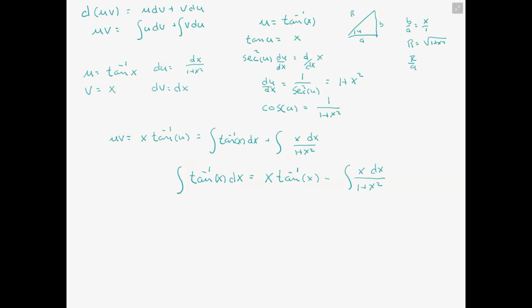And then if we do a substitution, let's say z or whatever, we say z equals 1 plus x squared.